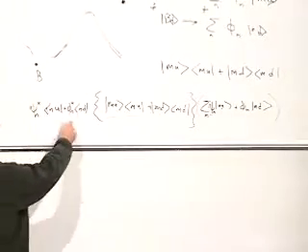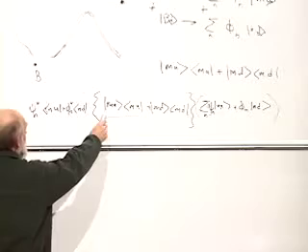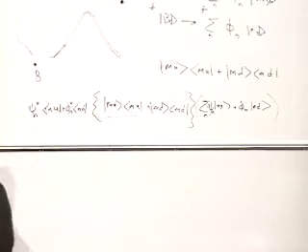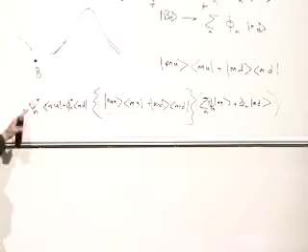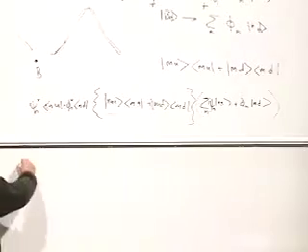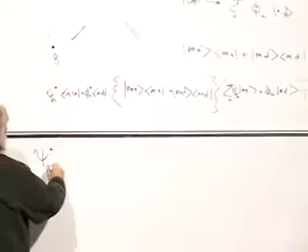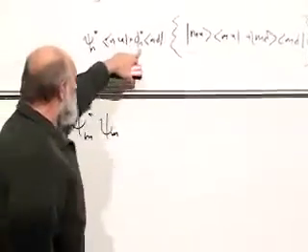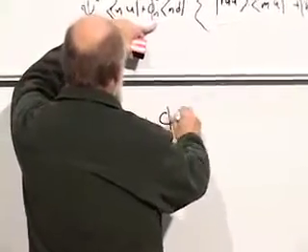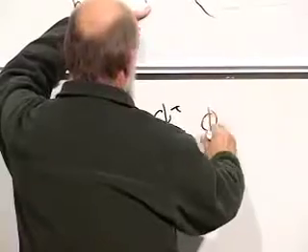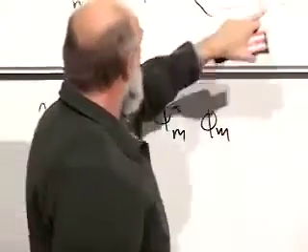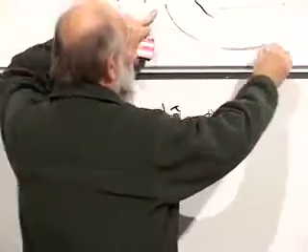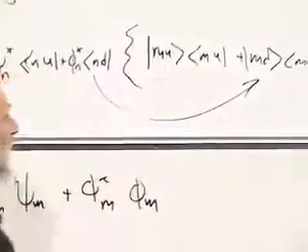Likewise, from this side, m has to equal n, and up has to equal up, otherwise you don't get a contribution. So from the direct terms, you get psi star m, psi m. Okay? And also, similarly, phi star m, phi m. That one comes from this term in the projection operator.